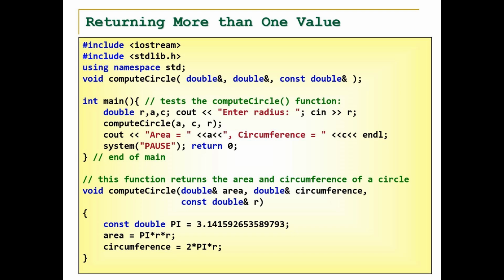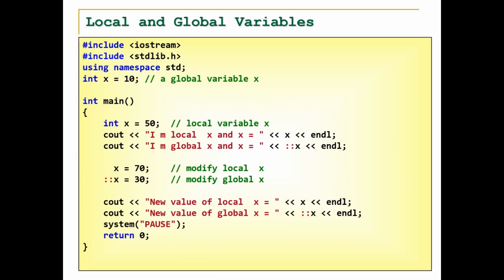Want to access both a local and a global variable with the same name? Check this out. You will notice the double colon, that's the scope resolution operator. It politely says, hey, give me the global one please. You can also use default arguments in functions.